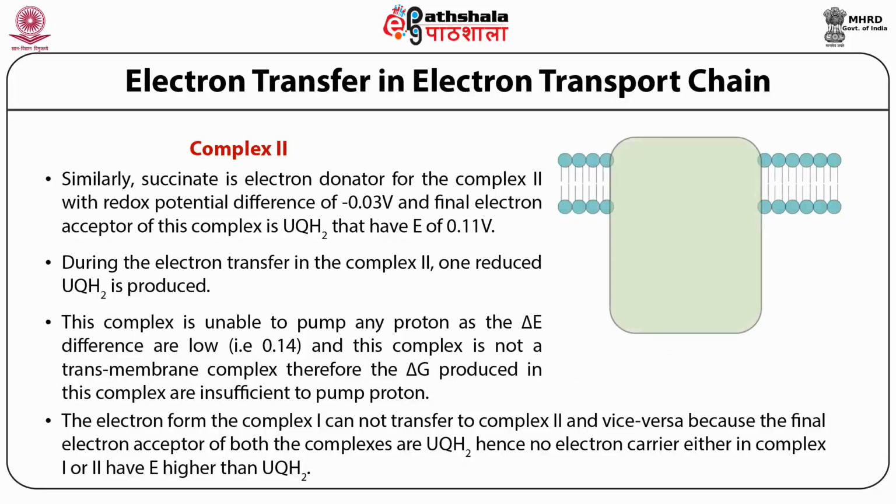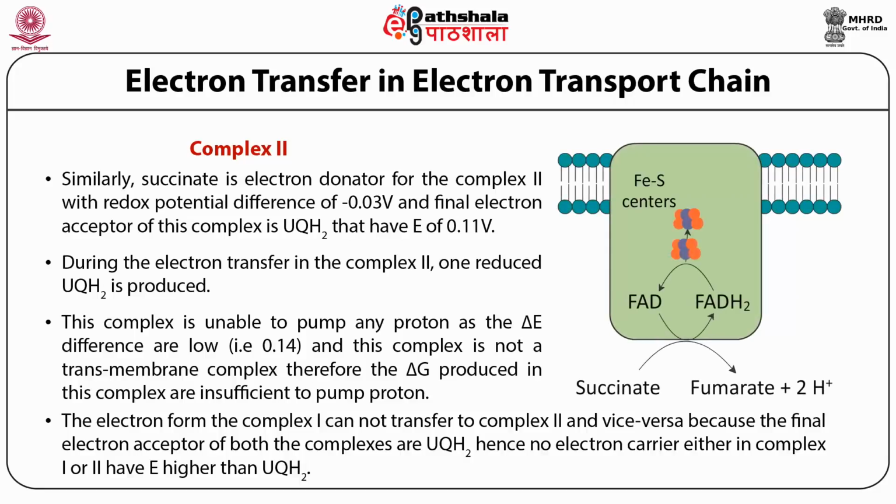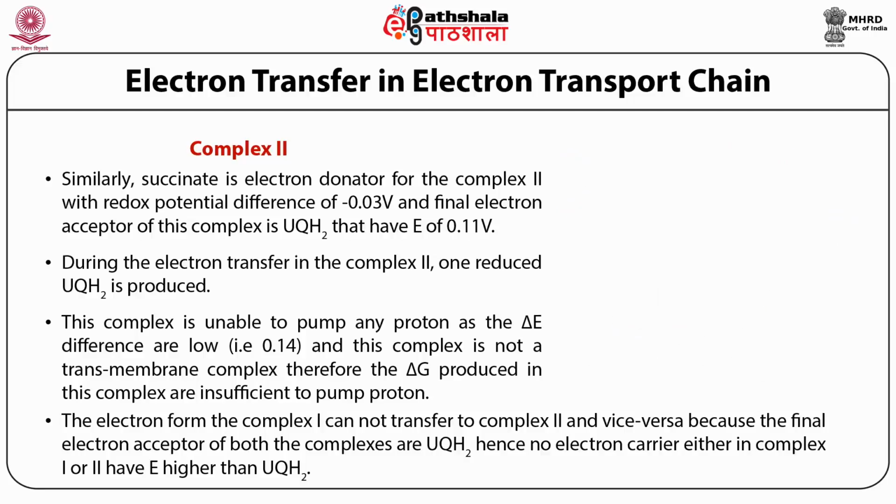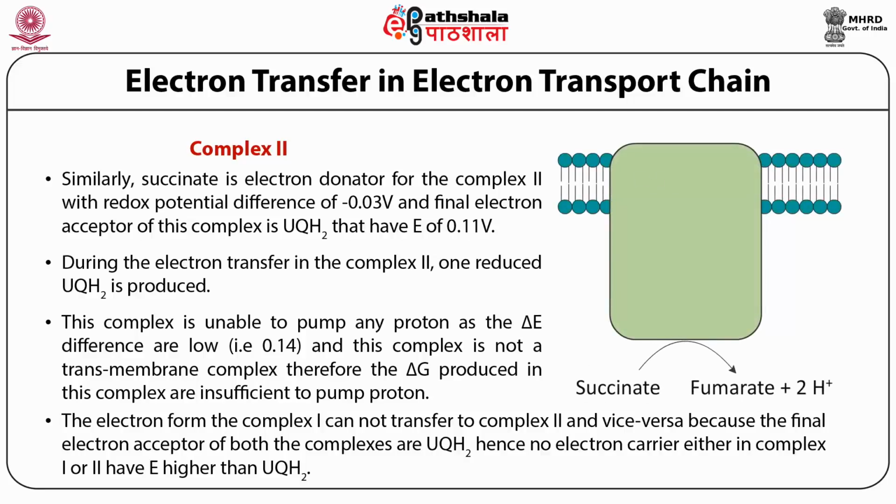Therefore, the electron from complex first doesn't pass to complex second, and the electron from complex second doesn't pass to complex first. So both produce ubiquinone independently, and that ubiquinone goes to the quinol pool, and from the quinol pool it goes to complex third.